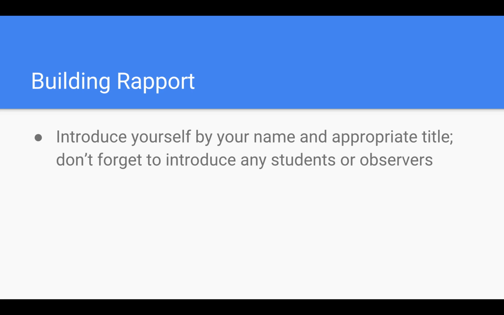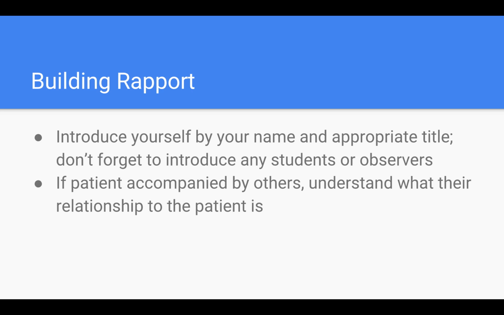If a patient is accompanied by others, and this is fairly often, say a spouse or a child or a friend, you want to have a good understanding of what that dynamic is. In particular, you probably want to note down the names of those people that accompany them, because they might be coming back in the future with that patient. And note down the relationships of these people that attend their appointments.